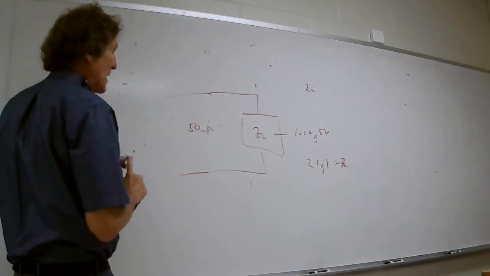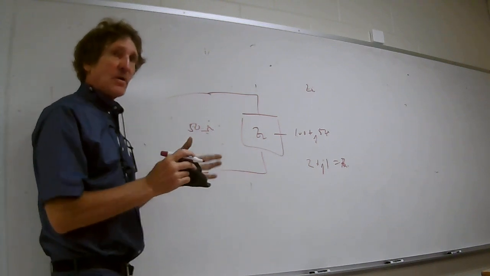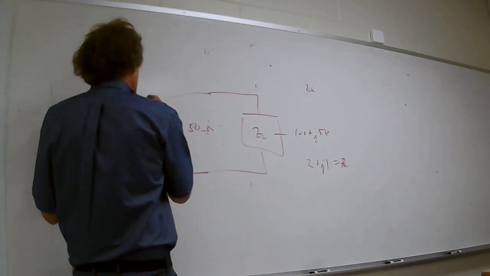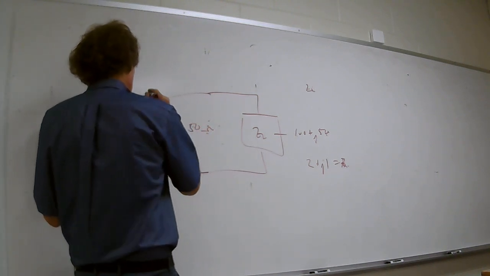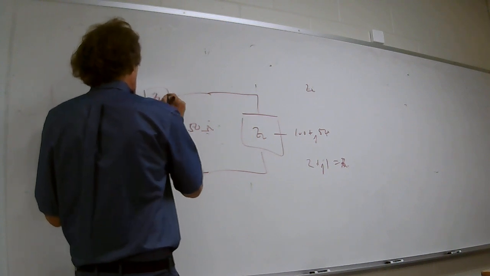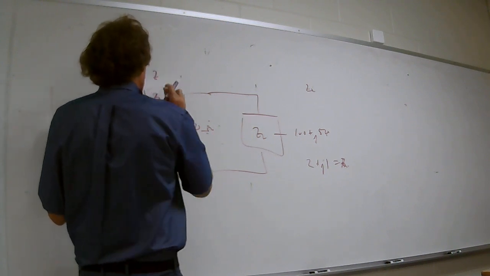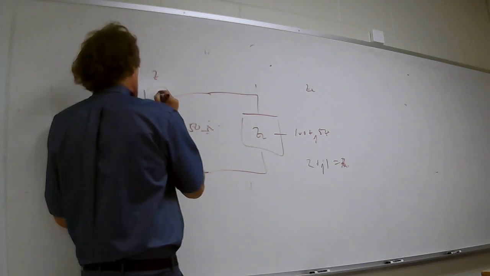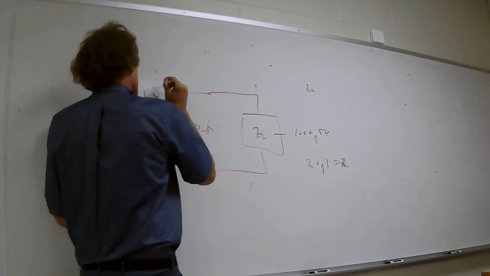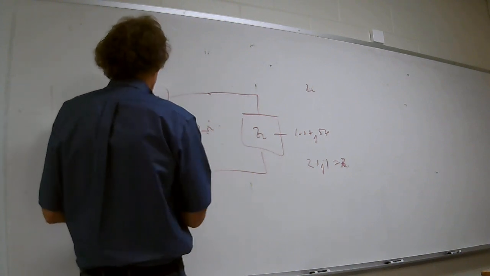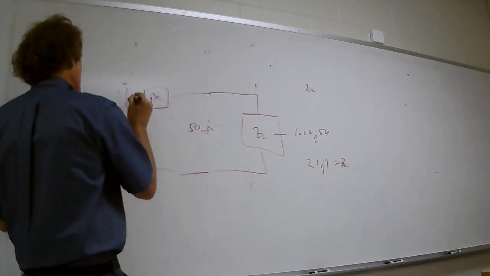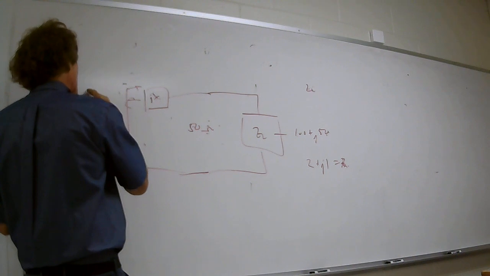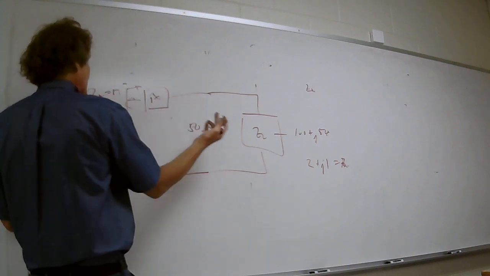So here's what my game is. I want to find out what I need to add to this line here. I'll call it jX, and this jX is something I'm going to add. So the input impedance here is 50 ohms. I want Zin to be 50 after that.